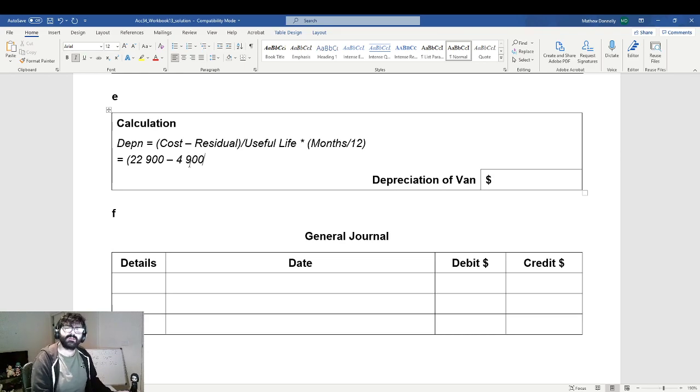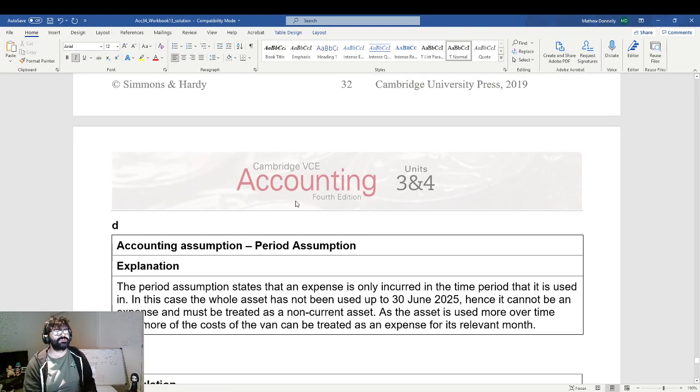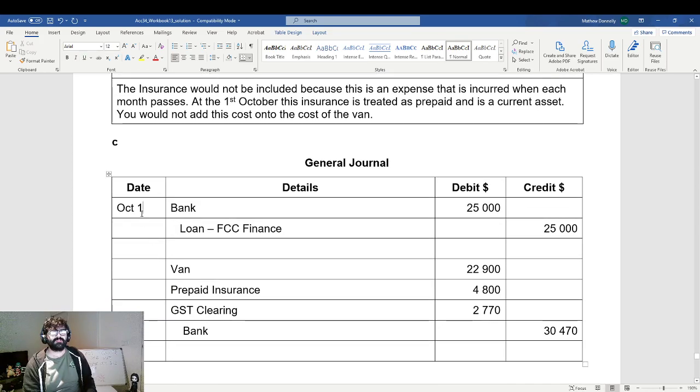Whoops a daisy. 4,900 divided by the useful life, which is 5 years, multiplied by the amount of months. So we're going to the end of June.